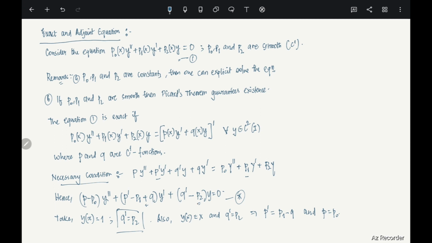Is this okay? Yeah. Once you do that, then what happens is you are going to get, I did some mistake somewhere. Yes, one second. Y prime, p prime minus p1. So p1 is p prime plus q, no? P1 is p prime plus q.